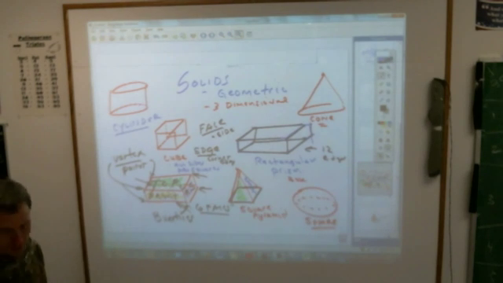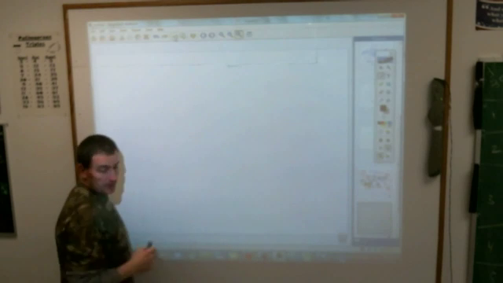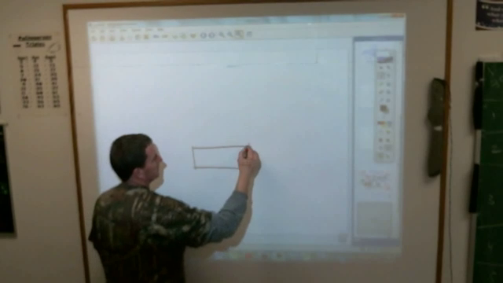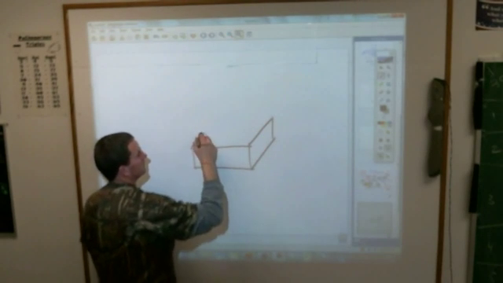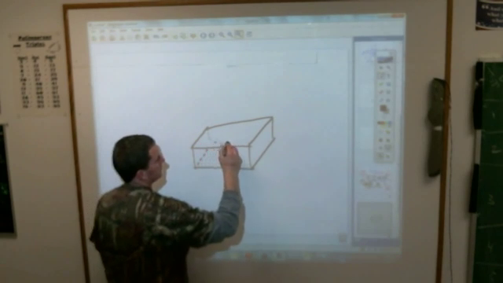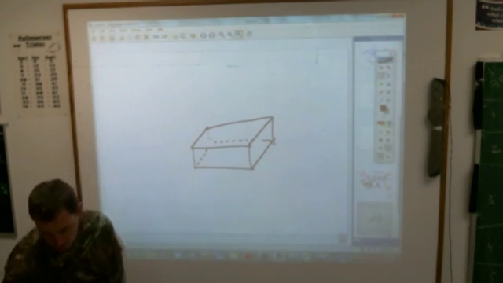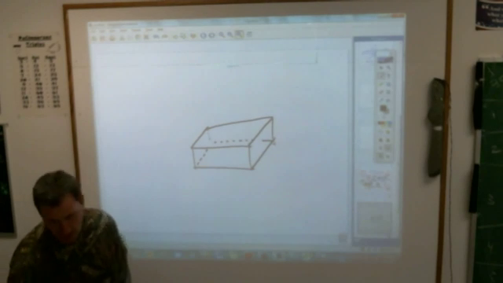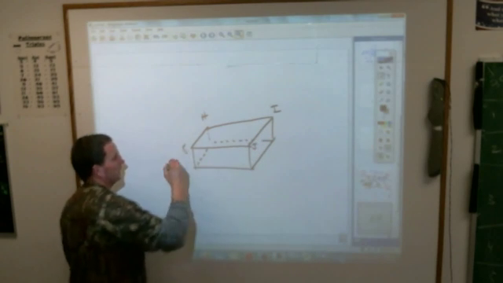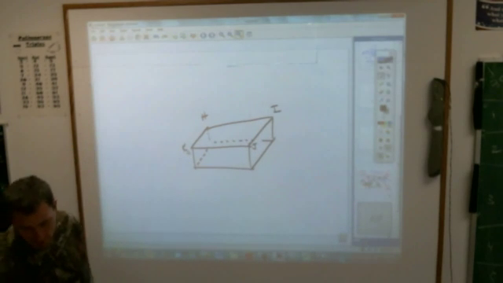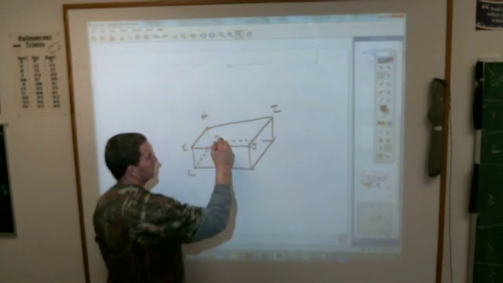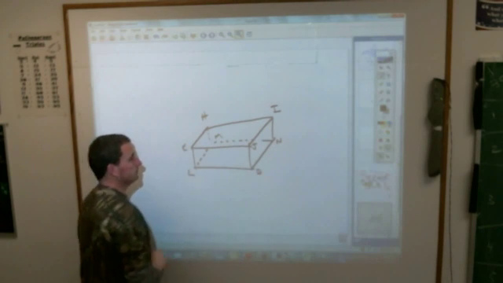They will ask you something like this. Let's write this down here. So let's say you've got a rectangular prism that looks like this. And in order to talk about things, they will label it like such, H-I-J-K, L-M-N-O.